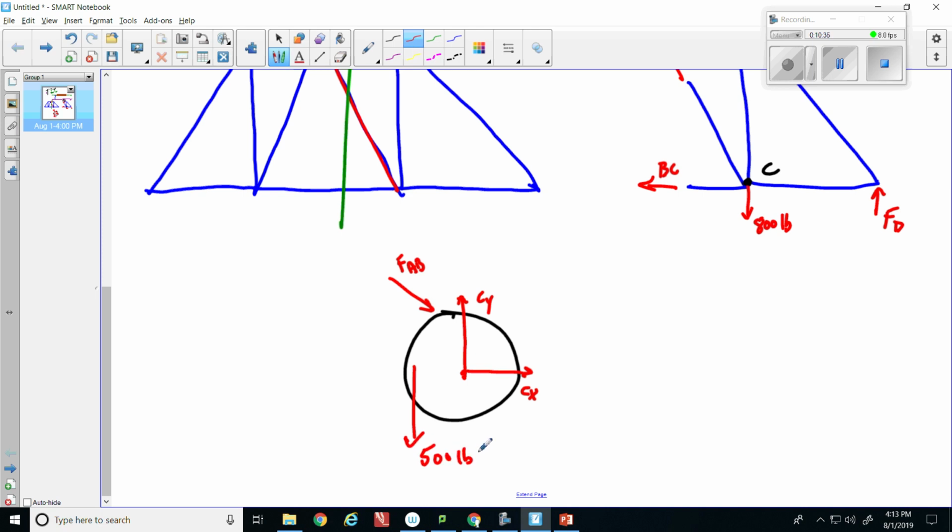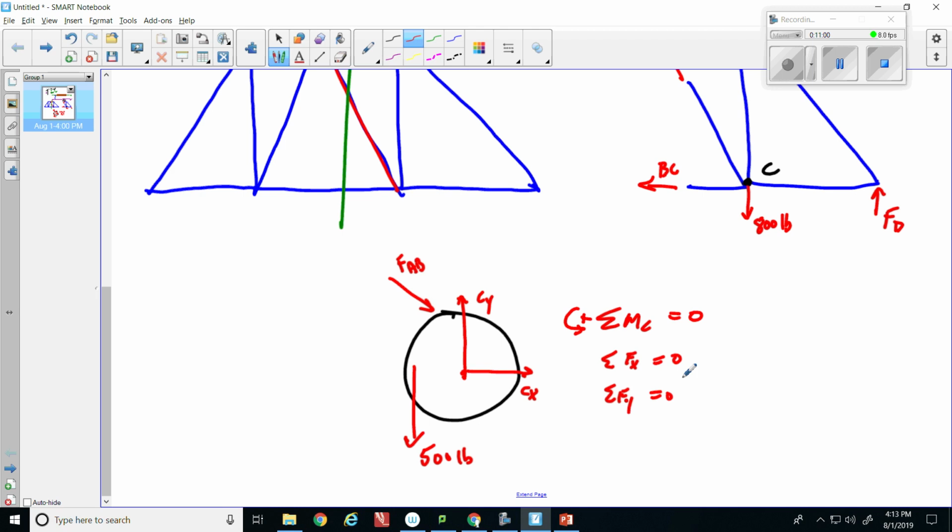Okay, like that. How do you solve? I would sum the moments about C. Sum of the moments about C equals 0, right? That should enable you to solve for FAB. And then I would sum of the forces in the x direction and sum of the forces in the y direction equals 0 and solve for CX and CY.